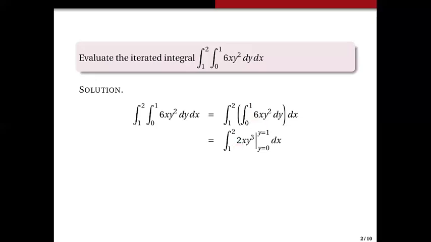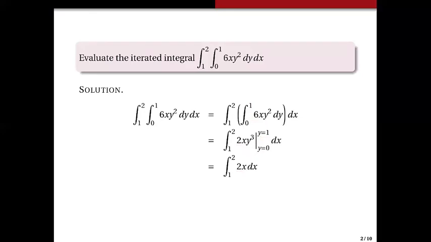We are evaluating this expression from y equals 0 up to y equals 1, and we will be left with the integral of 2x dx from 1 up to 2.